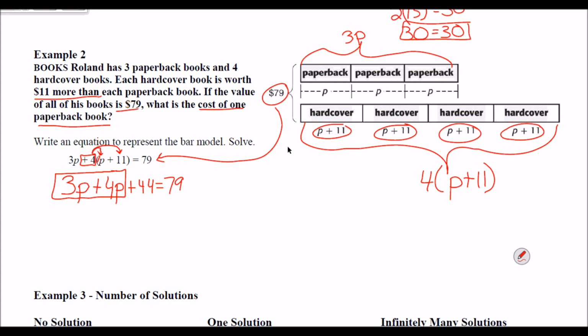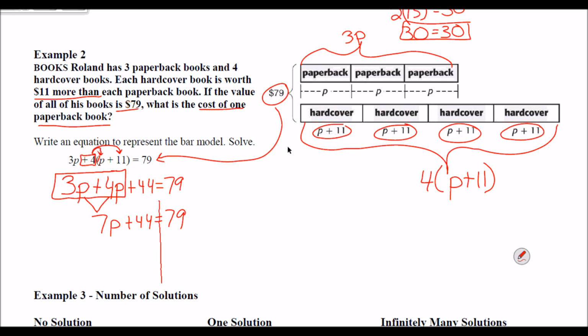So the 3p plus 4p comes together to make 7p. The 44 does not have another like term on the left side of the equation, so it just needs to drop down. And now the 79 on the right side, again, doesn't have any like terms, so it drops down.